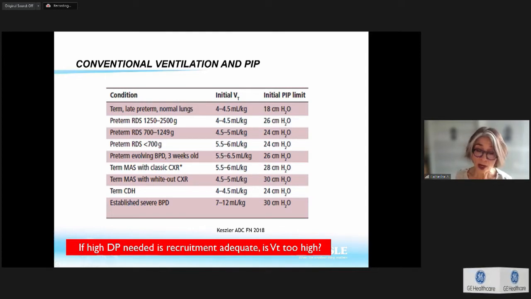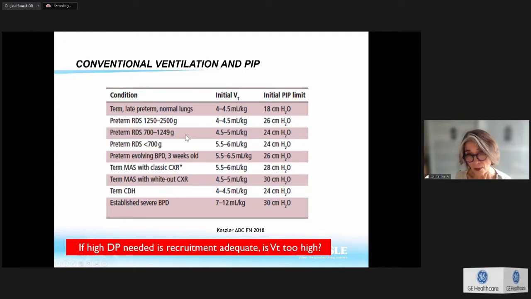Because here you have a patient where the anatomic dead space is higher, and also because the flow sensor and the ET tube add a lot of dead space compared to the size of the patient. So in those patients, we will go higher on the tidal volume, around 5.5 to 6 milliliters in our smallest patients.